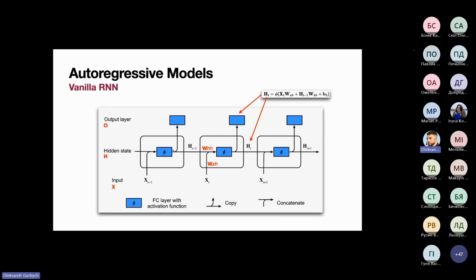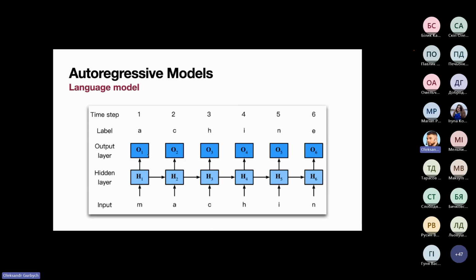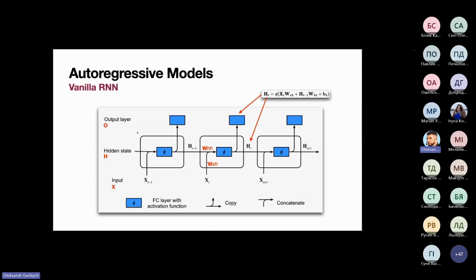So this is your neural network. Then your neural network outputs activation, which in this case will be a softmax over your vocabulary. Your vocabulary is like 30 letters. It will be the chance that the next letter is one of them.